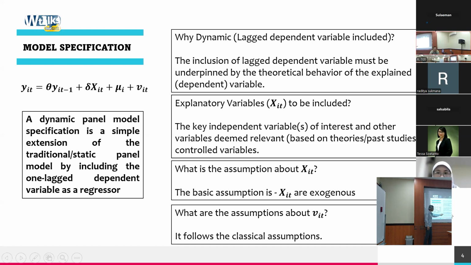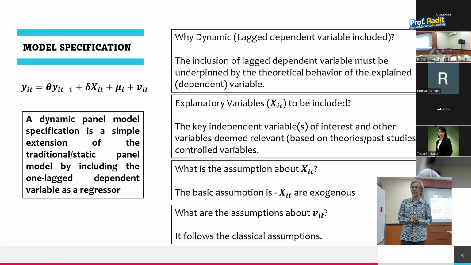And now we ask ourselves, what are the assumptions about the error terms? Those are specifications that you have to think about. Right? And when it comes to error terms, the starting point is always the classical assumptions. You go back: error terms are normally distributed, error terms are independent, which means there are no autocorrelations.